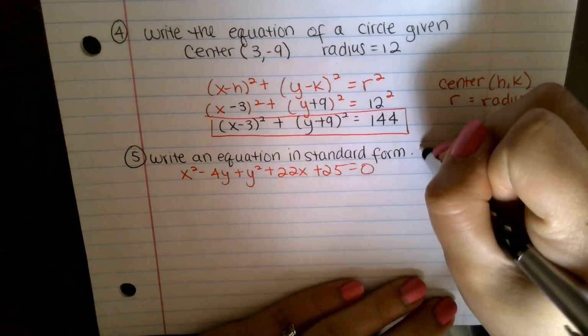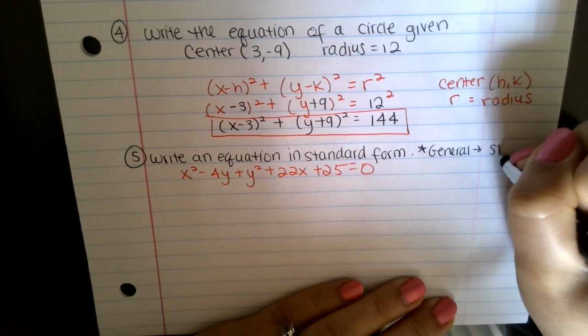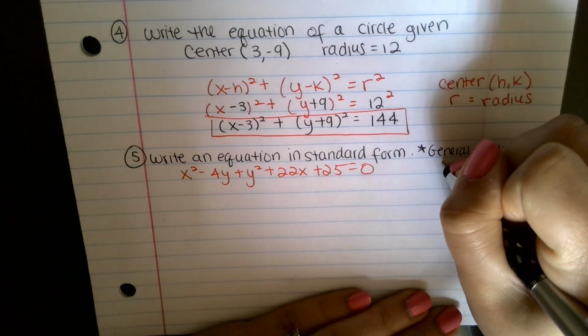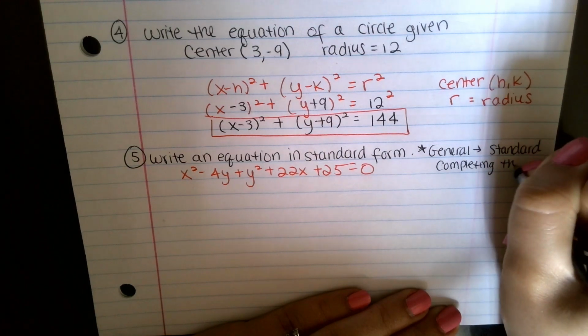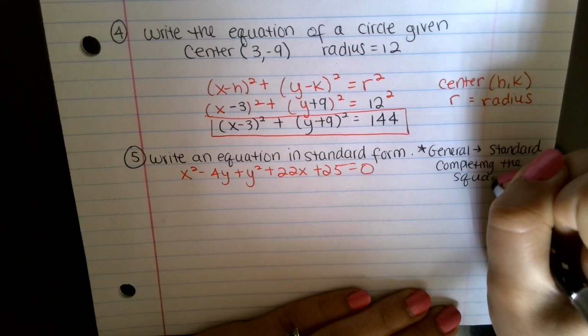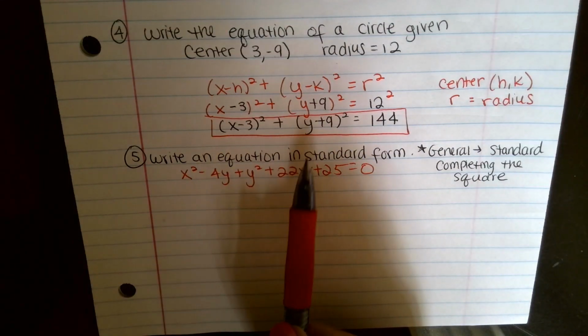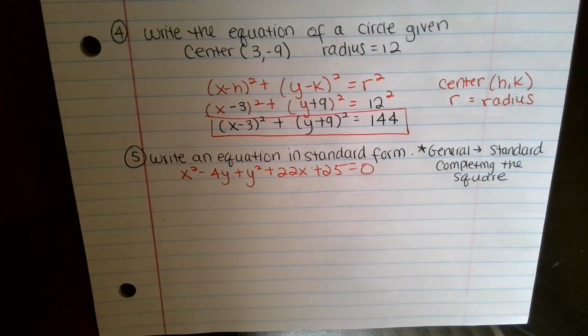So this is from general to standard, and we're completing the square. That's how we're going to do that. So we want this form to somehow look like this at the end. You want standard form.